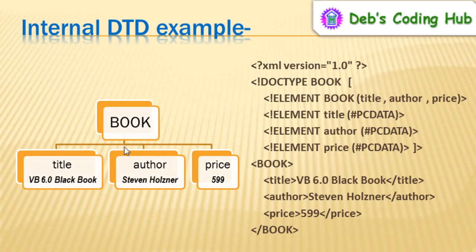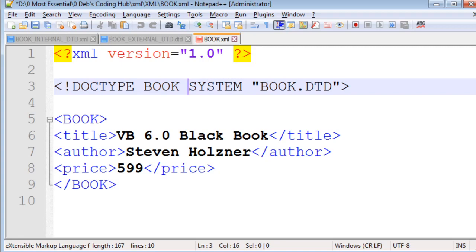So title of the book is written, author of the book is written, and price of the book is written. The three child elements are completed and book is closed. Now let us see how we can write it in a text editor and run it. So let us start Notepad++.